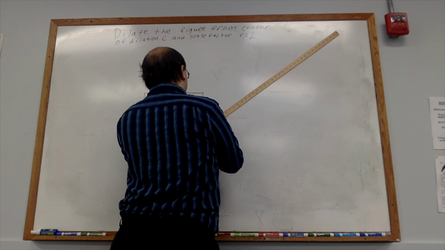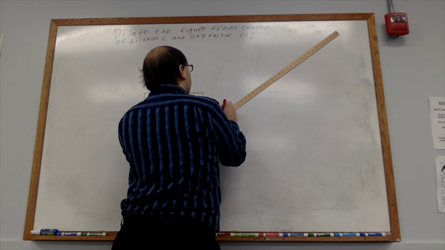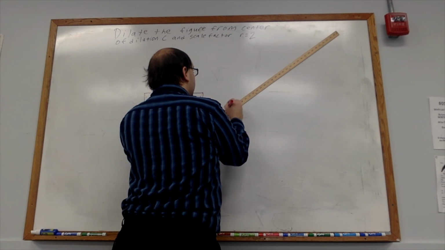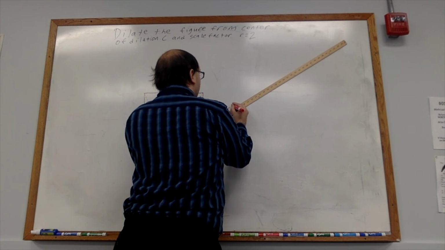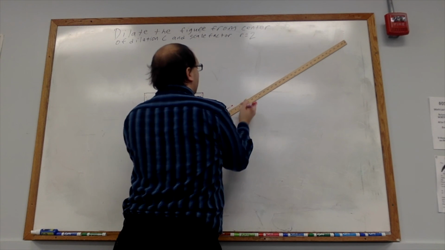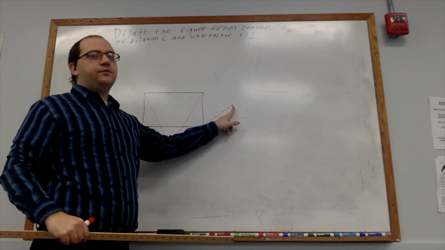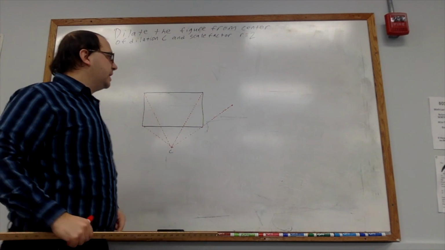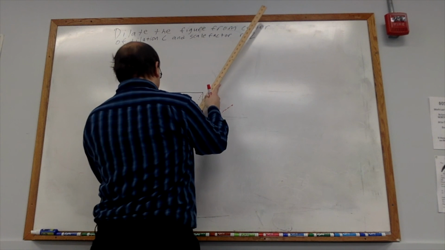You want to make sure that your ruler continues in the same direction. So here's the point from the first vertex, and then we do that for all the rest.